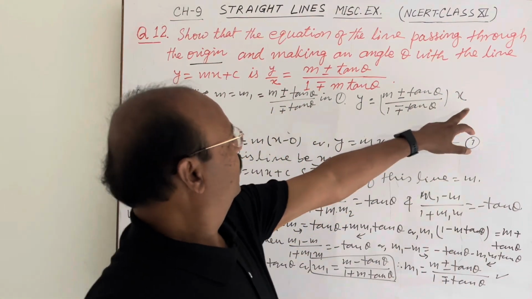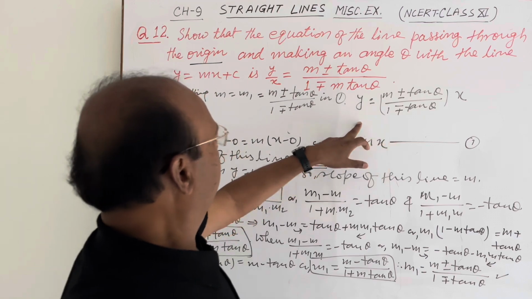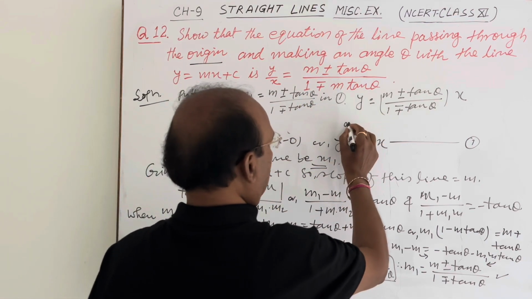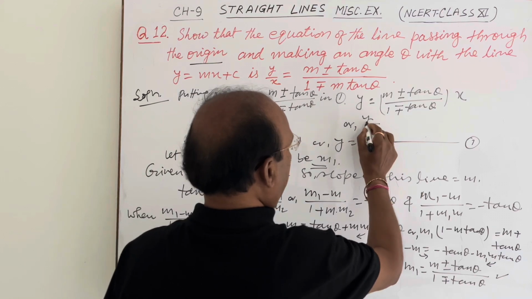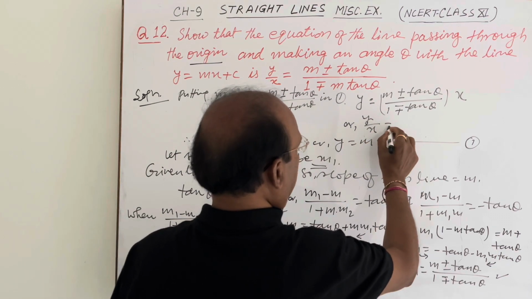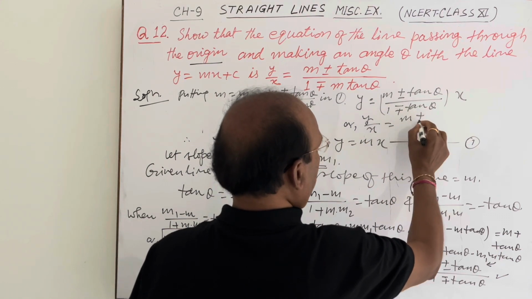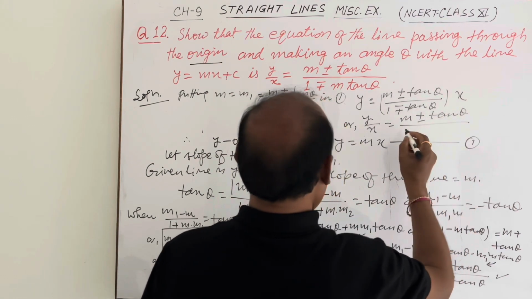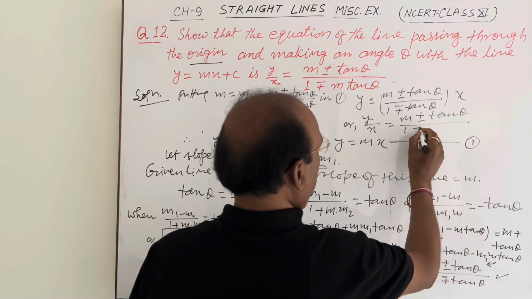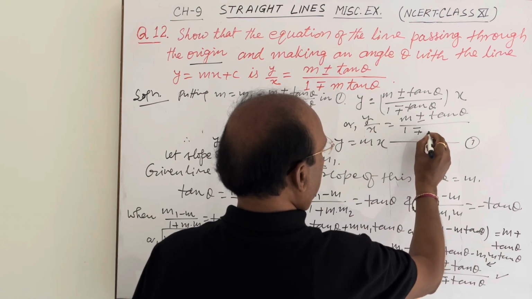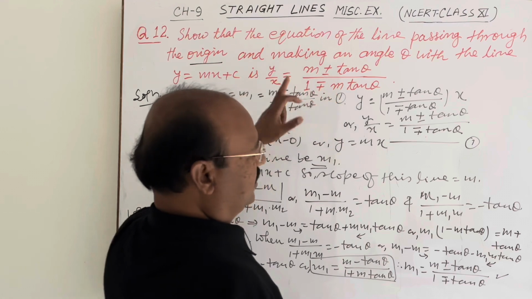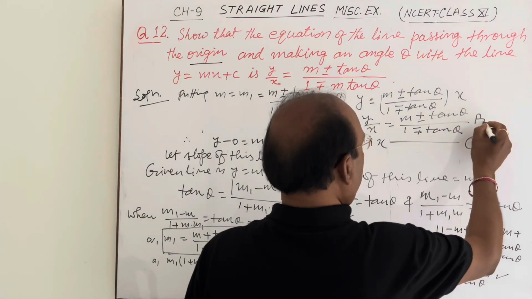Now transposing this x to the left side, we will get y by x is equal to m plus minus tan theta upon 1 minus plus tan theta. So we are getting this result here. So it has been proved.